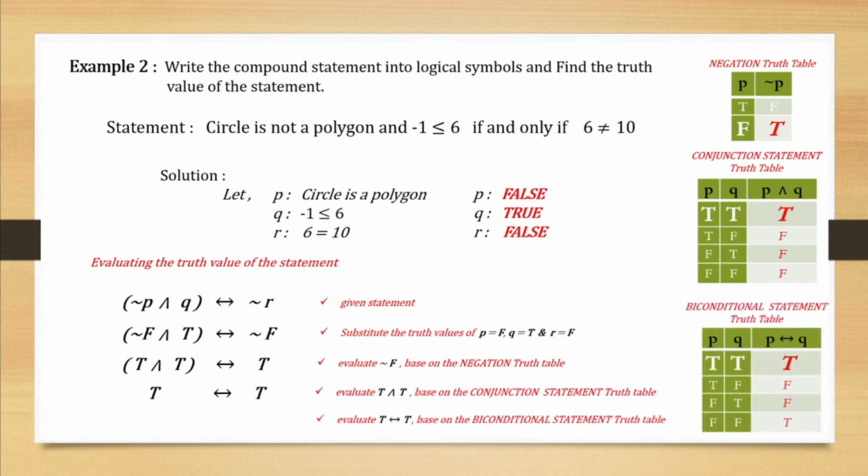Then, as we are going to evaluate now true if and only if true using the biconditional statement truth table, it shows that when P and Q are both true, the biconditional statement of P and Q is true. Then we can say the statement "circle is not a polygon and -1 is less than or equal to 6 if and only if 6 is not equal to 10" is a true statement.